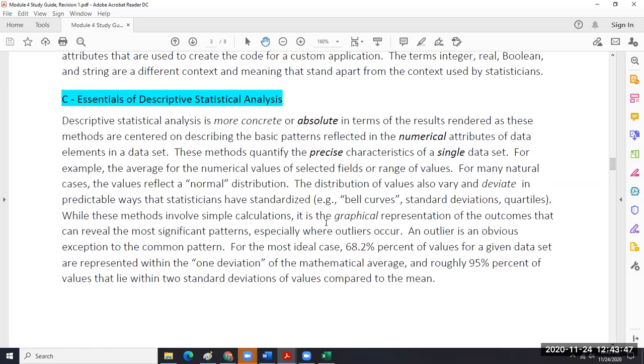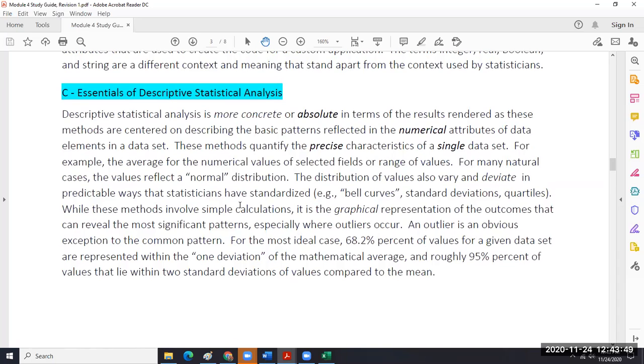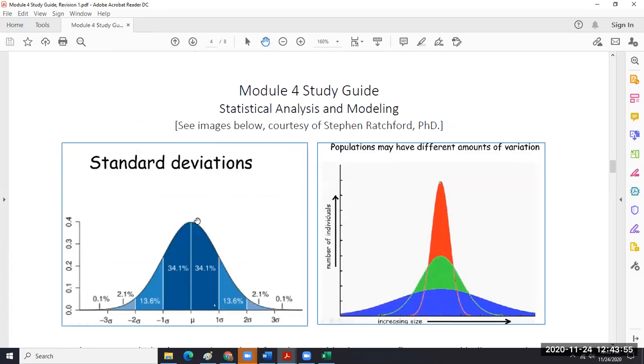So you have this normal distribution of data. Typically, the data can vary. There's a description for a lot of natural populations that refer to a standard deviation, how much the data changes.